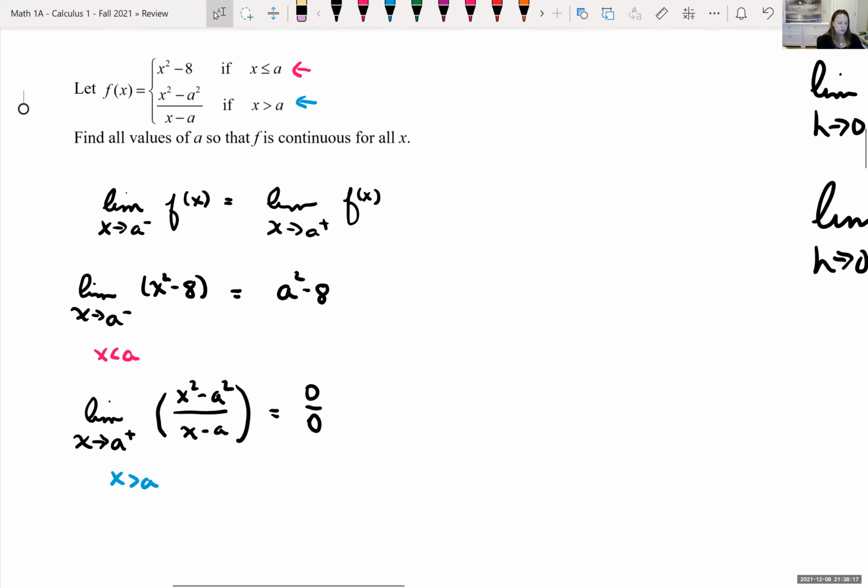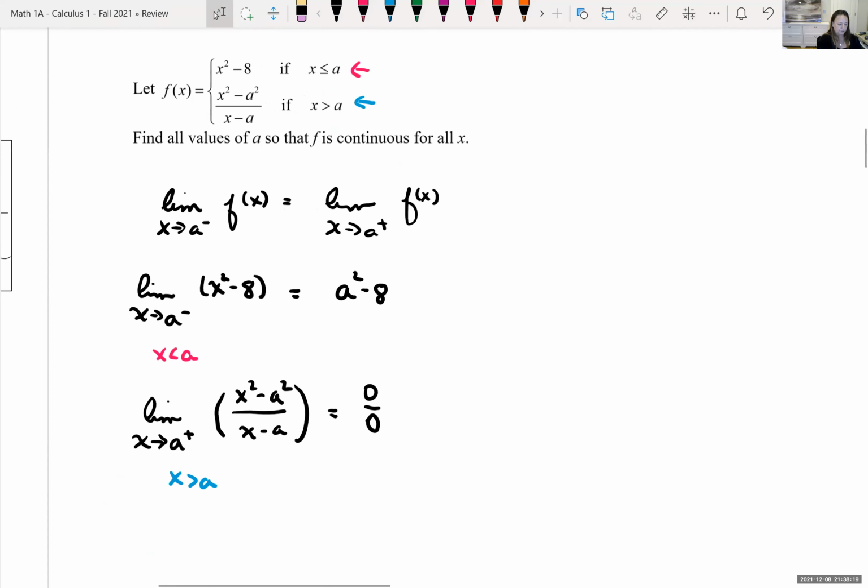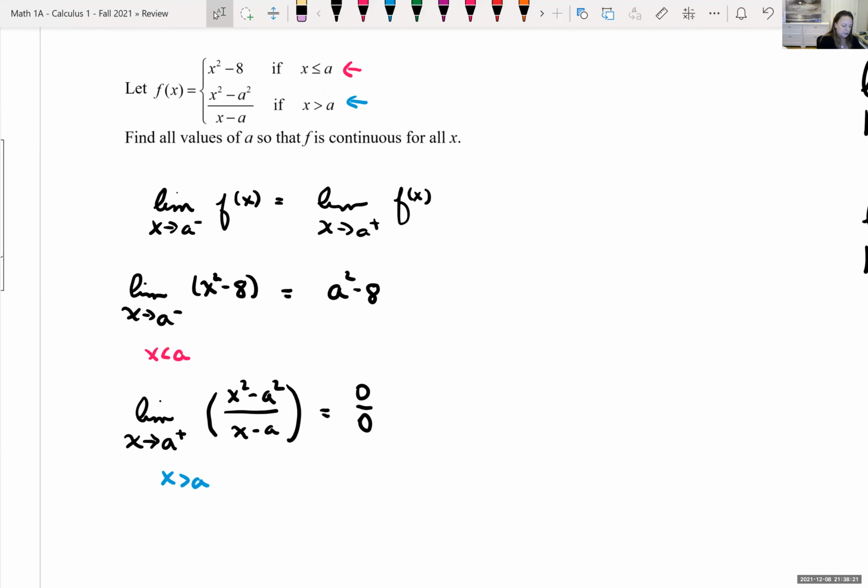So let's reduce that a little bit. And we can factor our numerator. And notice our x minus a's cancel. And so now if we did direct substitution, we would get a plus a, which gives us back 2a.